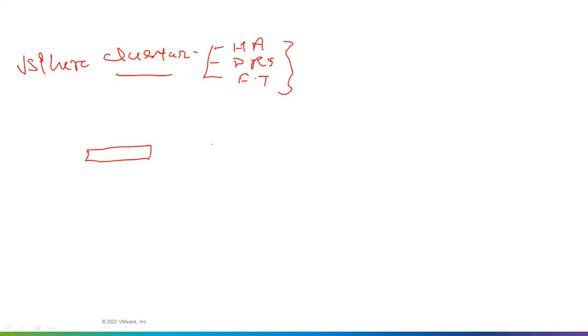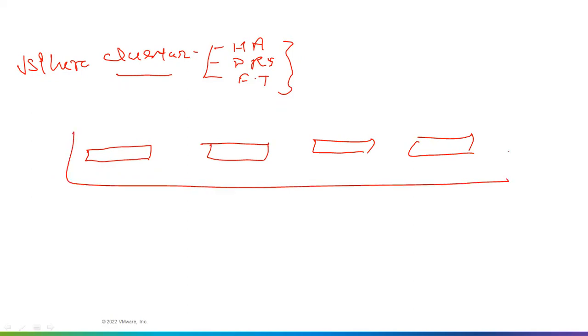It is a group of ESXi hosts where we can enable a number of features, such as HA, DRS, FT, and a lot of other features. So a vSphere cluster means you are clubbing or making a group of the available compute and memory resources. So it will make a pool.